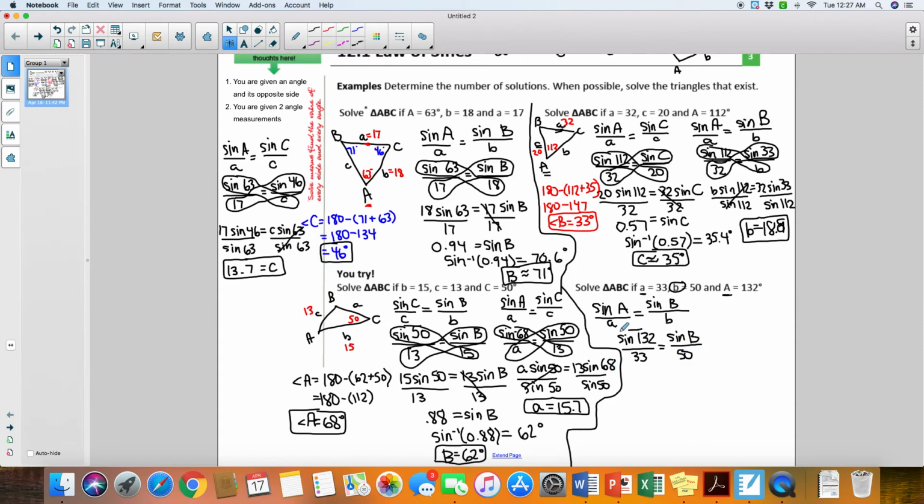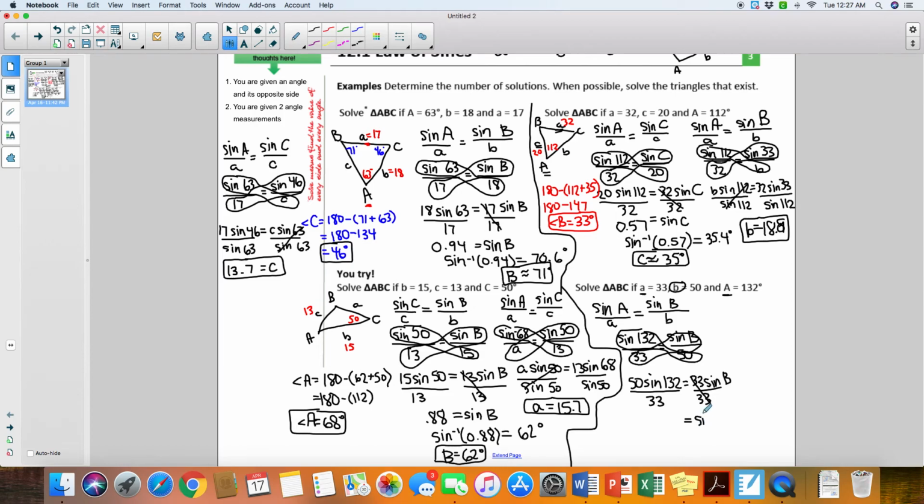All right, cross multiply. That gives me 50 sine 132 equal to 33 sine B. All right, so then from here, you divide by your coefficient. All right, so that would have canceled out.